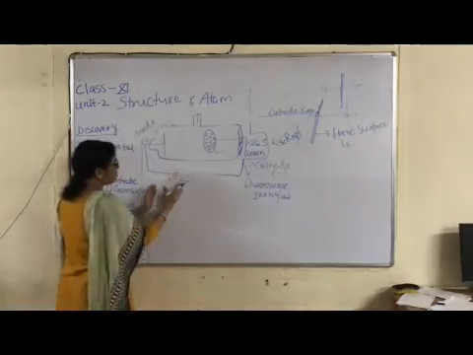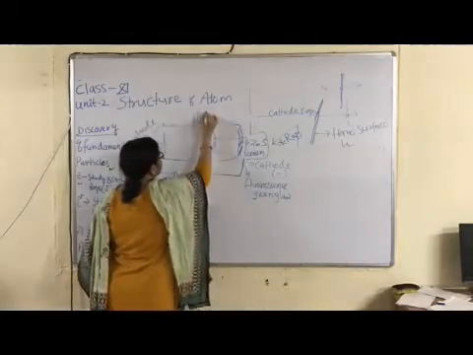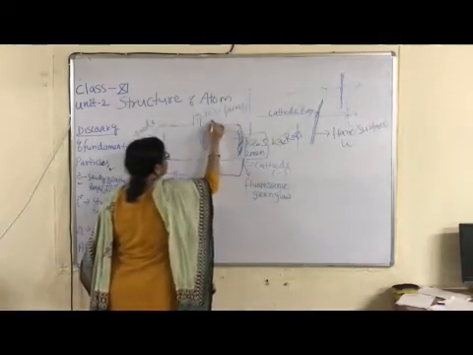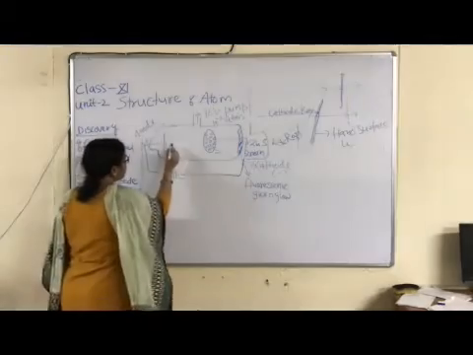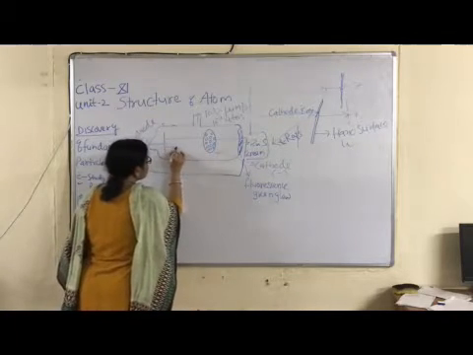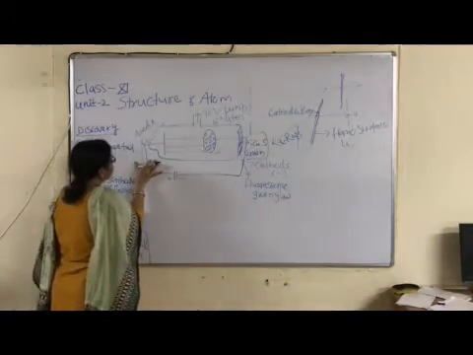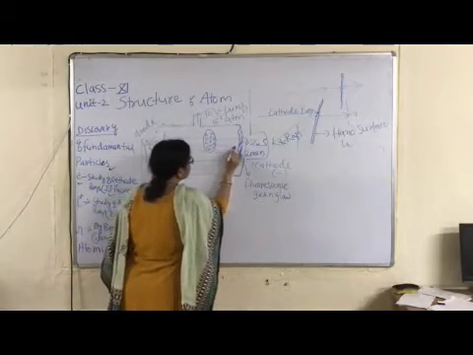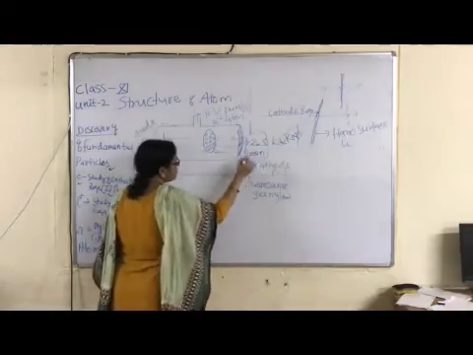What happens, children, when high voltage of the same magnitude, 10,000 volt, is applied, and with the help of the vacuum pump low pressure of the same magnitude, 10 raised to the power minus 2 atmosphere, is produced? Then some rays travel from the anode towards the cathode, right? And show fluorescence on which screen? The zinc sulfide screen. What is the color of this one?